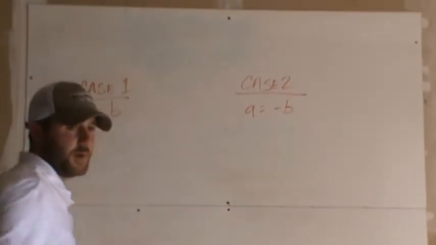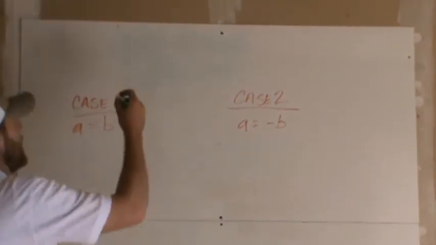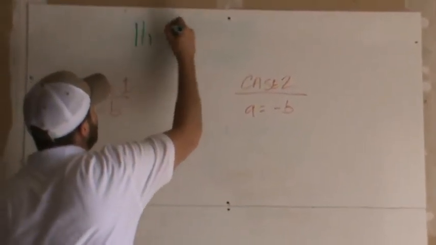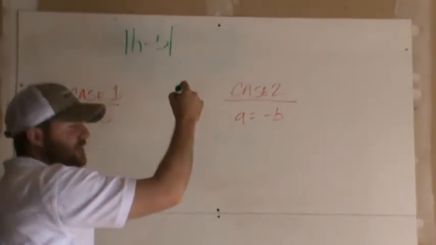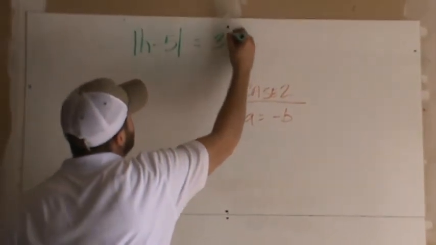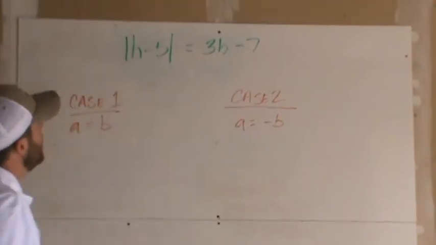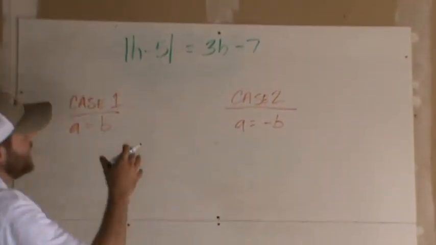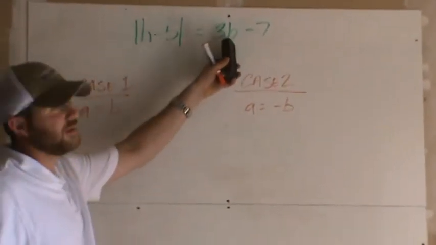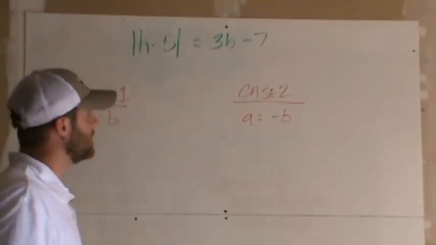Try a couple more here. What if you had the absolute value of h minus 5 equals 3h minus 7? For this problem, it'll seem kind of confusing because you have the extra letter over there on the right side.